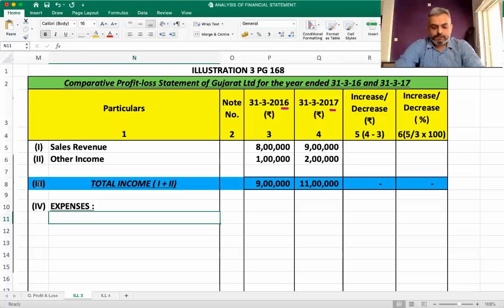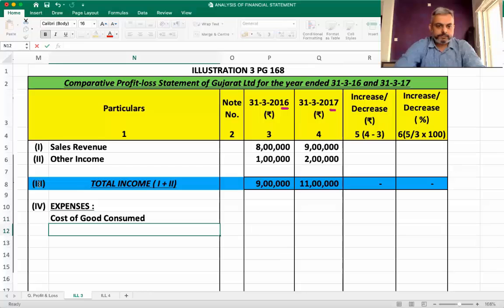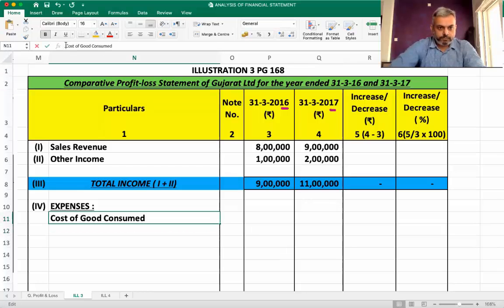Now in expenses we used to start with the purchases and change in stock, and right now we just don't have them. So we directly write cost of goods consumed.